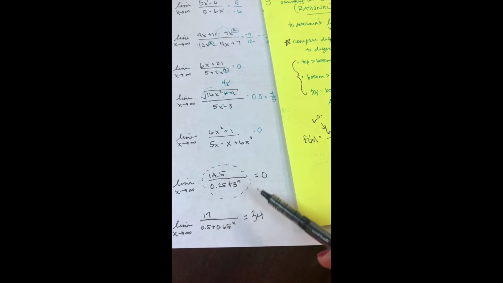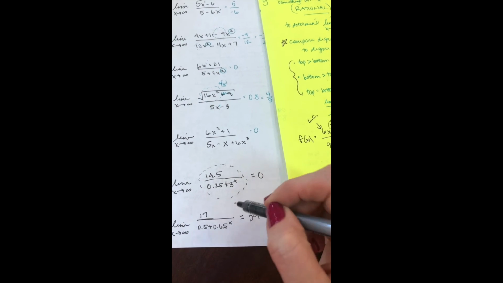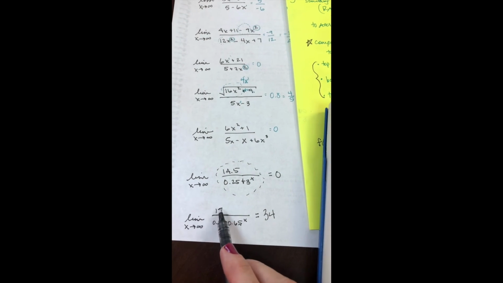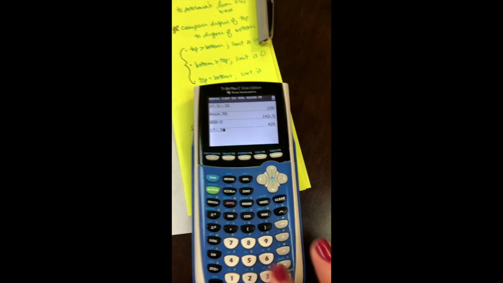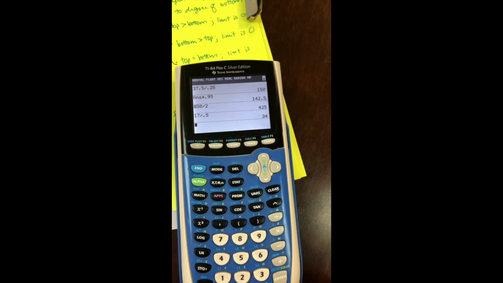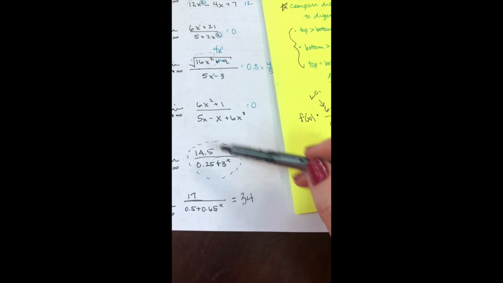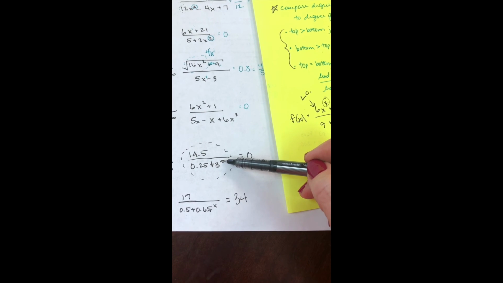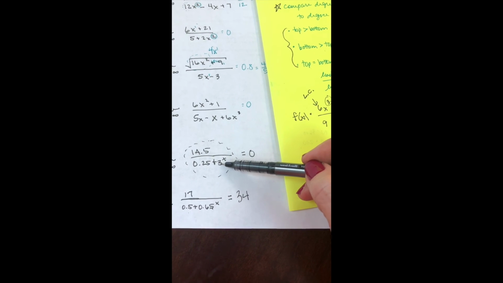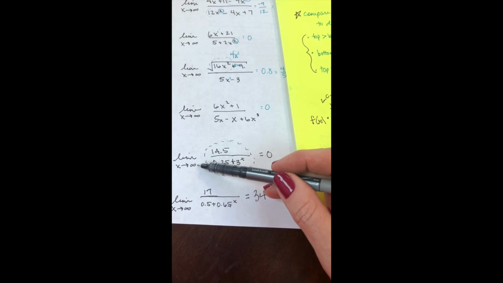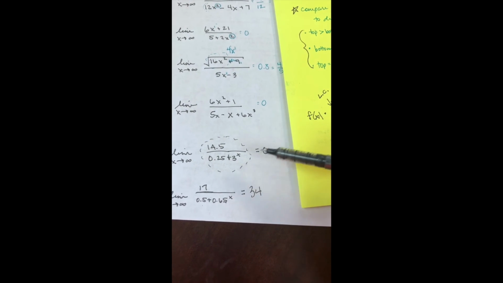So here's what's happening. If you go back to your calculator and you do 17 divided by 0.5, that's 34, and that's not an accident. So here's the take-home message. If you have this structure, if you have this animal, and the guy with the variable exponent is bigger than 1, that whole limit, as x gets bigger, is going to disappear.